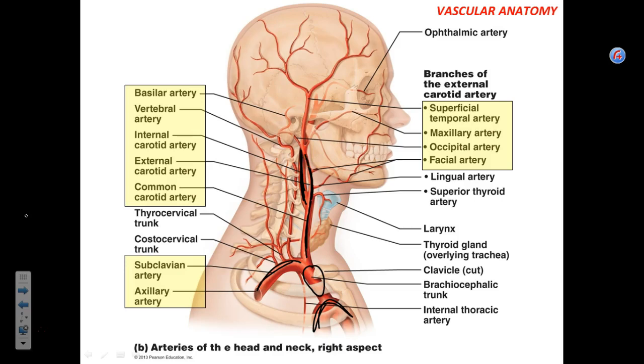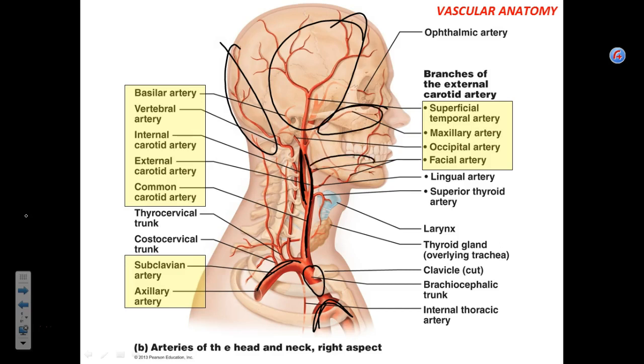So the external carotid artery will branch into the blood vessels that supply different parts of the head, like occipital, temporal, maxillary, or facial. Maxillary will go to the region around the upper jaw, facial will go to the lower jaw, the mandible, superficial temporal to the skin of the scalp, and occipital to the back of the scalp.